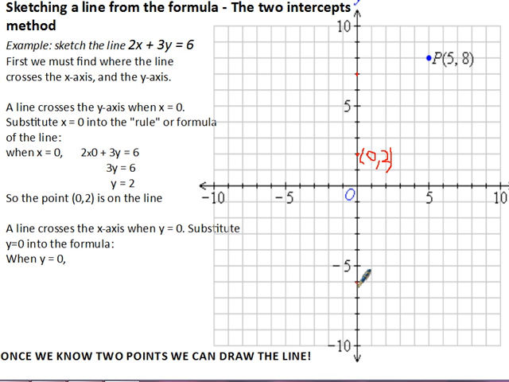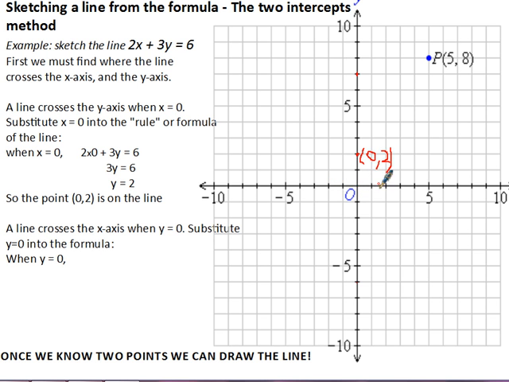If I choose this point down here, it's going to be the point 0, because it doesn't go across in either direction, so it's (0, -7) if I choose that point. So I begin to notice that all of the points along the y-axis have an x-coordinate of 0. And that makes sense really, because the x-coordinate is telling me how far to the right or to the left of the y-axis to go.